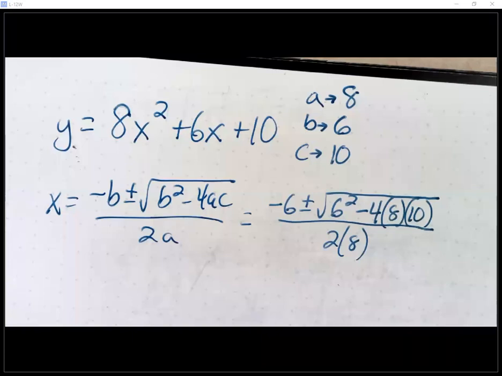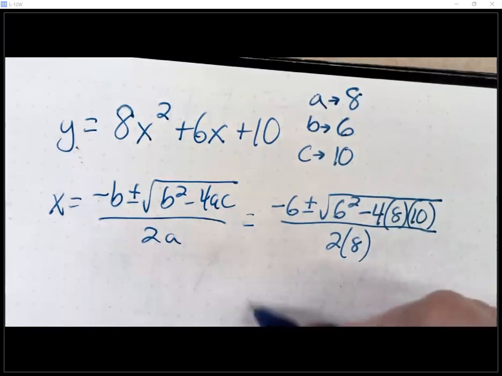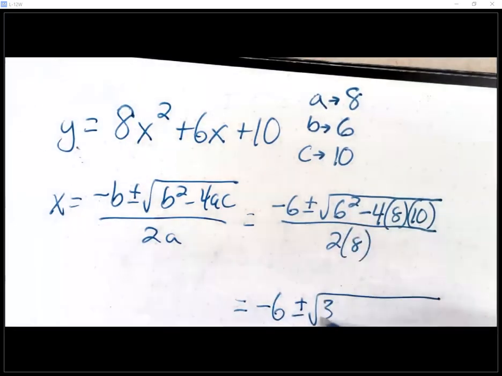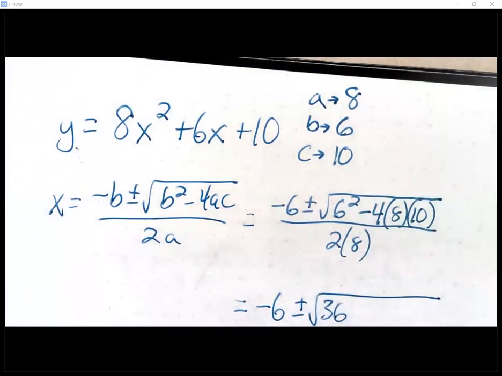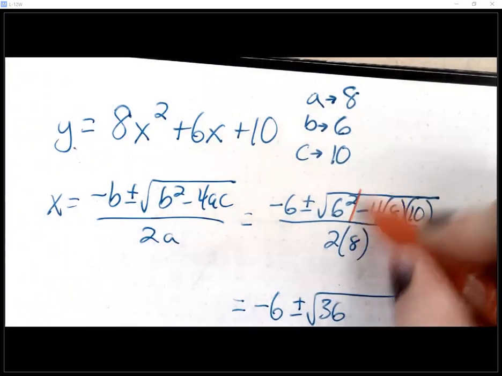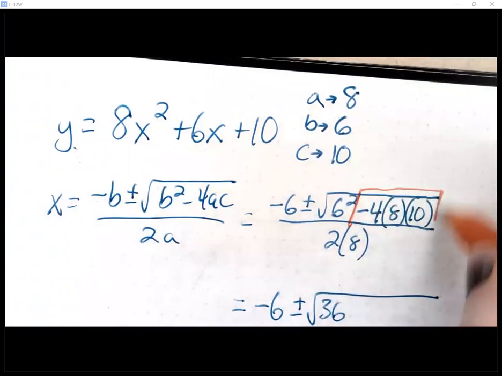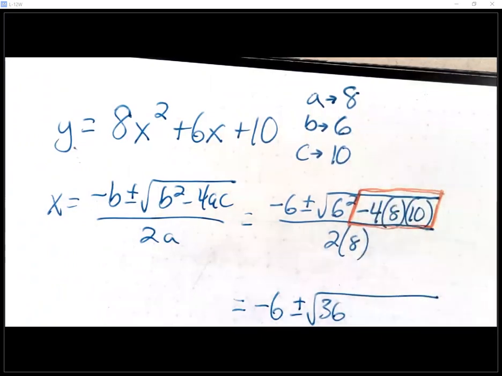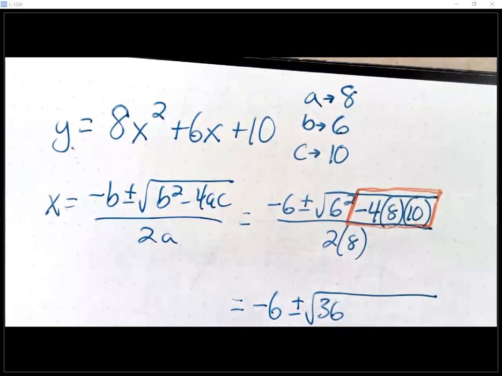All right, so I'm here. Let's see what we got. Negative 6 plus or minus the square root of... I got a 36 right there. And then, my friends, right after that B squared, I always have this invisible box. I don't always draw it, but I know this is what I'm looking at. If I multiply those 3 numbers together, what comes out?